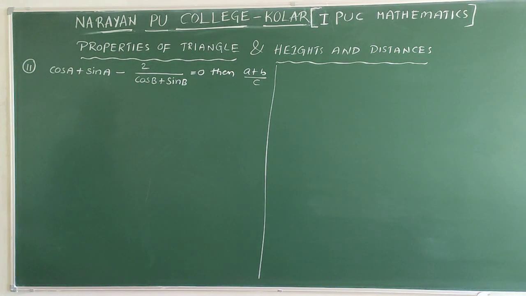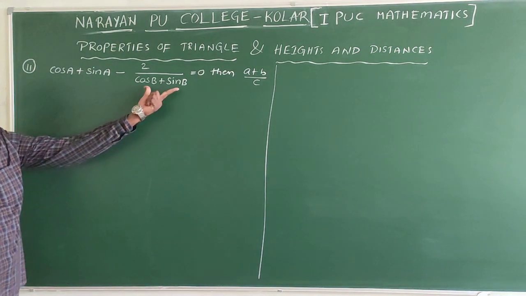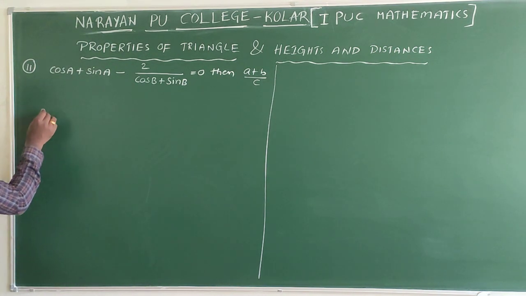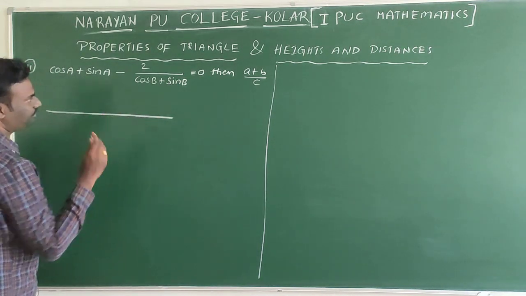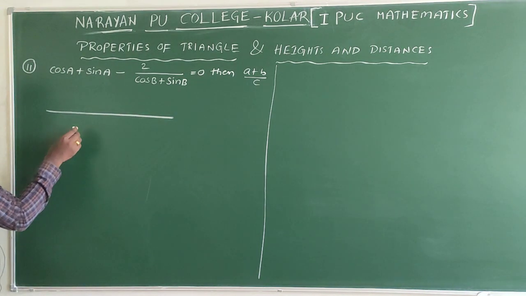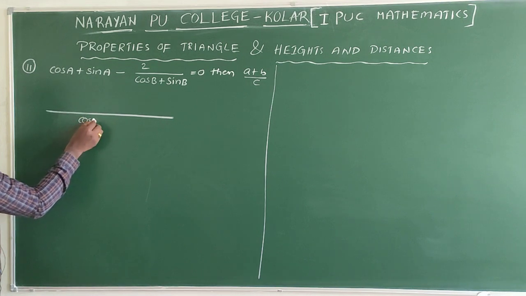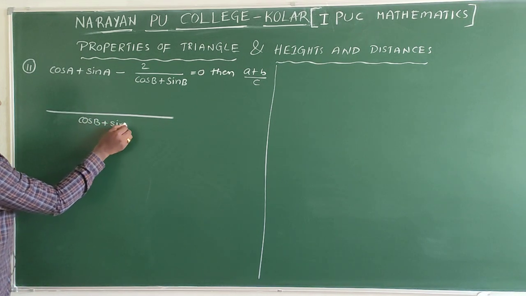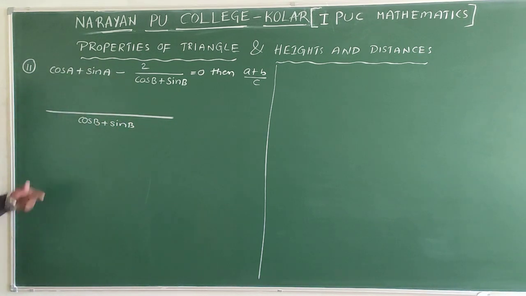Okay. So first you take LCM. Now LCM is cos B plus sin B. Now multiply these two.